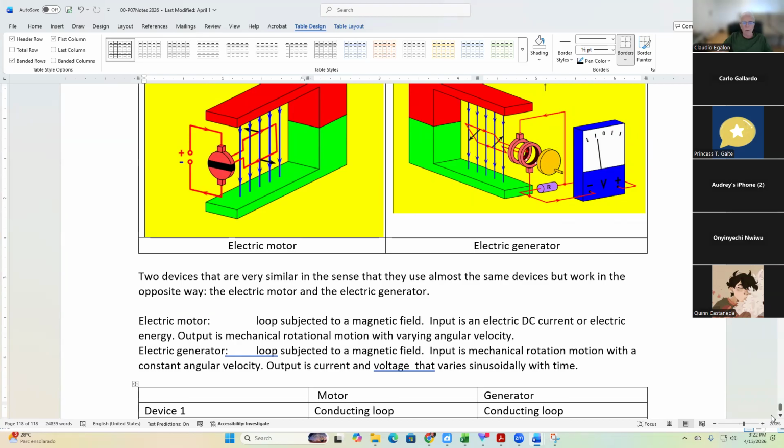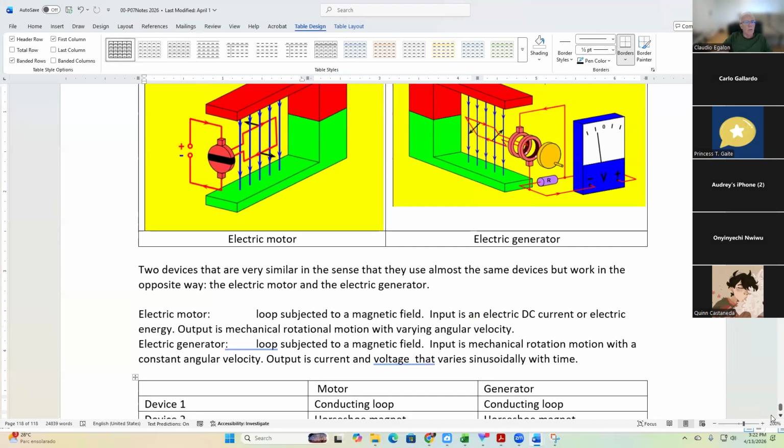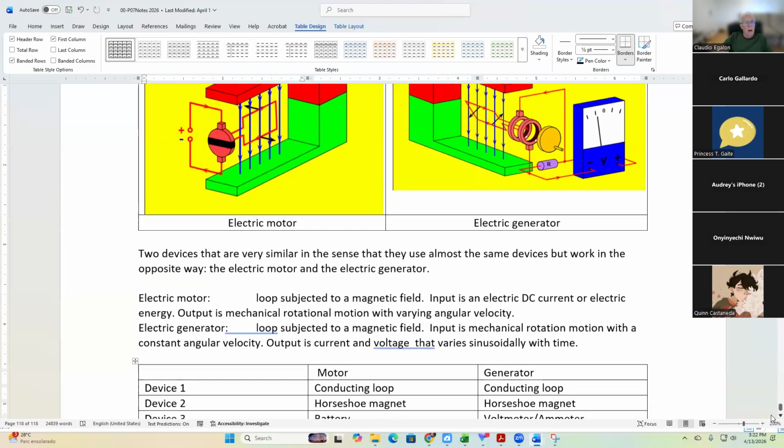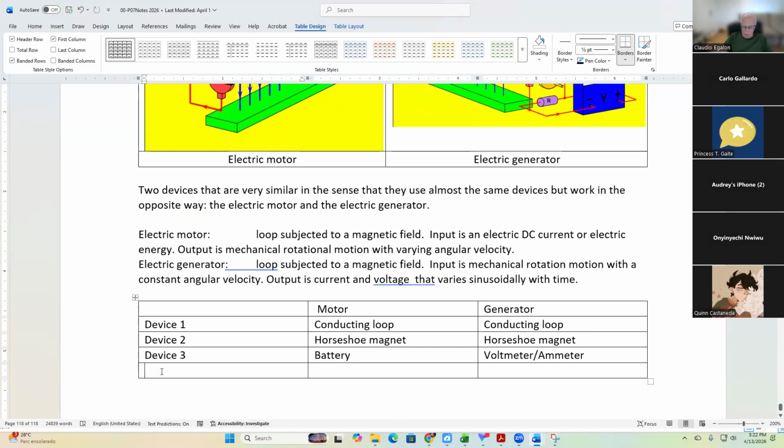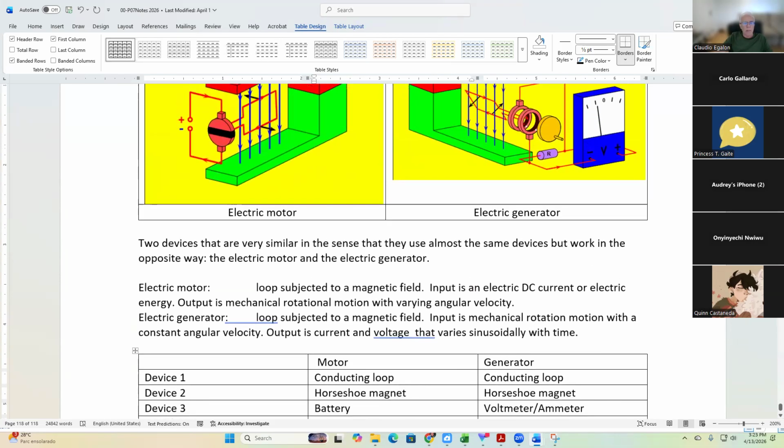Device four. For the electric motor, we have a commutator to change the direction of the current and make sure that the loop keeps on rotating. Okay.